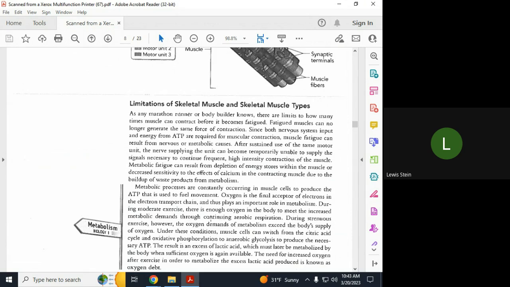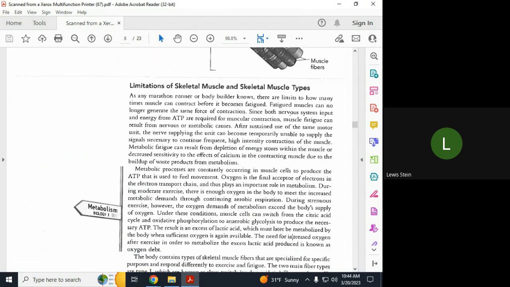So with moderate exercise, there's enough oxygen to meet the increased demands through continuing aerobic. And again, I say it all the time, the transformation to aerobic is marrying circulation, heart rate, muscle activity, and breathing together, so that the volume of the air, the output of the heart, the oxygenation, and the utilization of those muscles are all grouped together consistently.